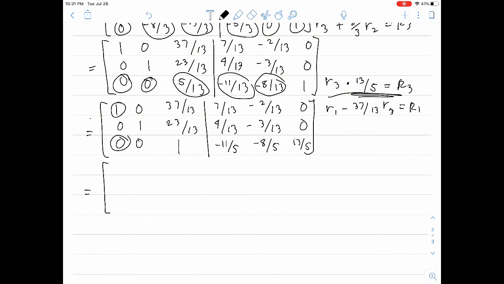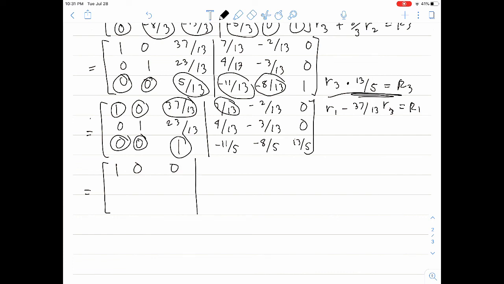This one is just 1. 0 minus 37 over 13 times R sub 3 is just 0. 37 over 13 minus 37 over 13 times 1 is now 0.